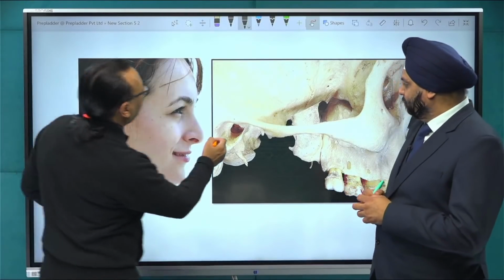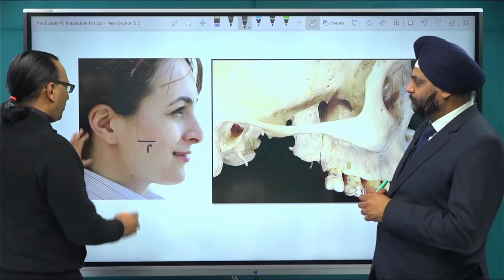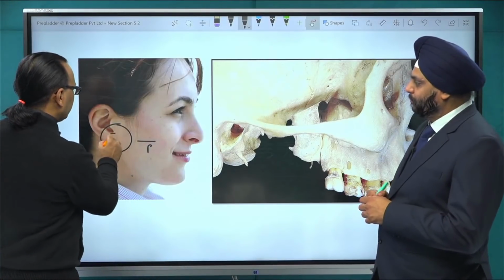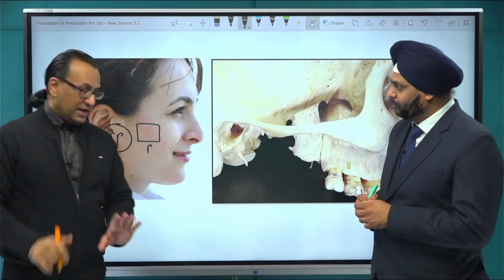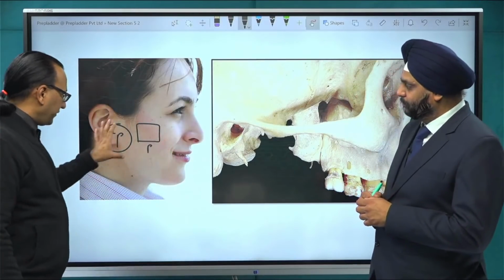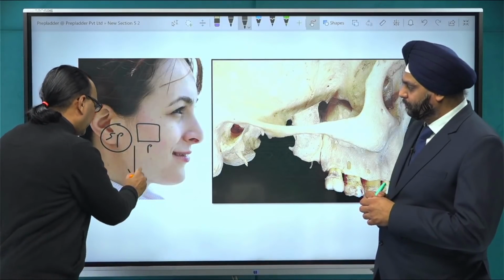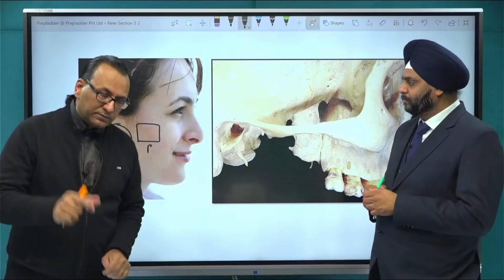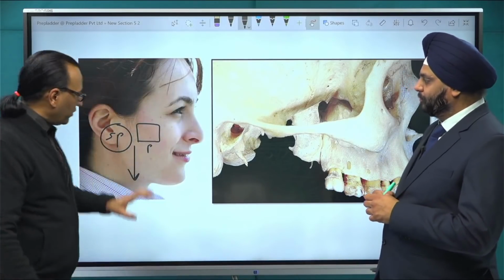What is behind the palatine bone is another bone, which is the sphenoid bone. So that gives you an idea, very simple. Anteriorly palatine, posteriorly sphenoid, sphenopalatine: sphenopalatine foramen, sphenopalatine fossa, sphenopalatine ganglion.